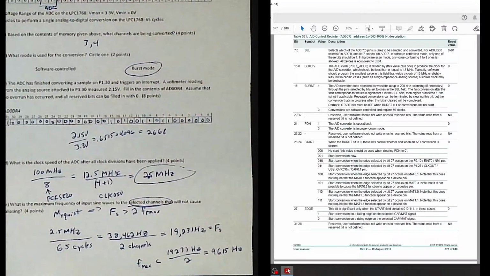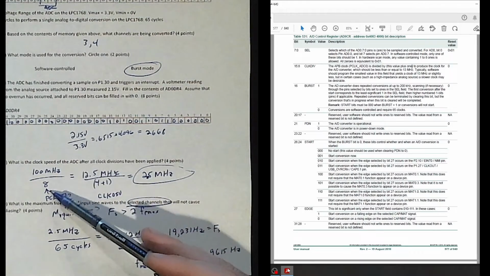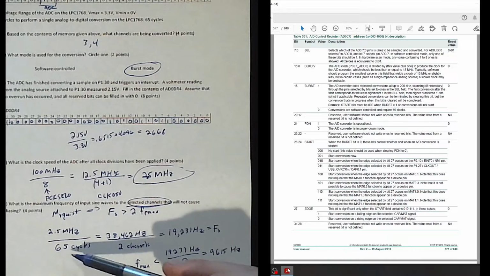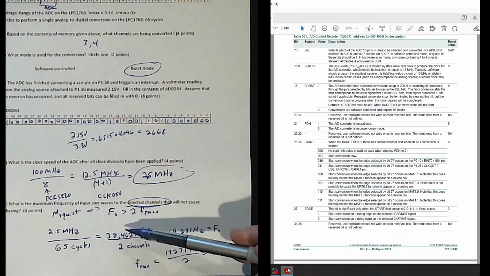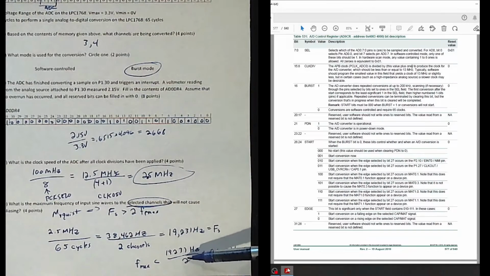That's because we have the CLKDIV that's going to lower this, the PCLK select, which is going to lower it to 2.5, and then the number of cycles, the number of channels, and finally the Nyquist rate, which is dividing it by 2, one more step. So our max frequency has to be less than 9615.